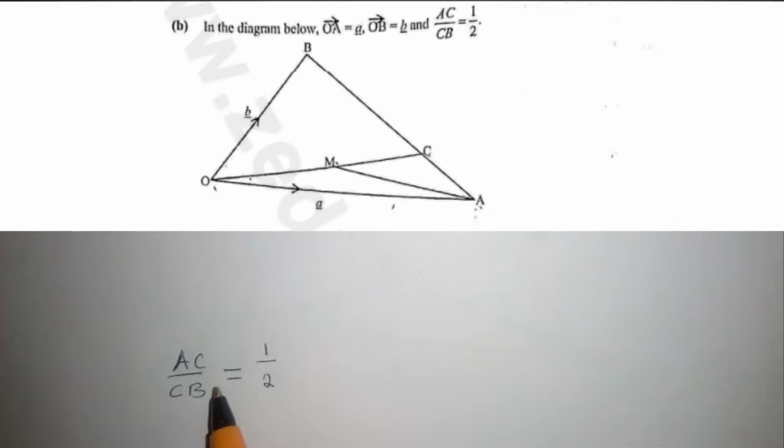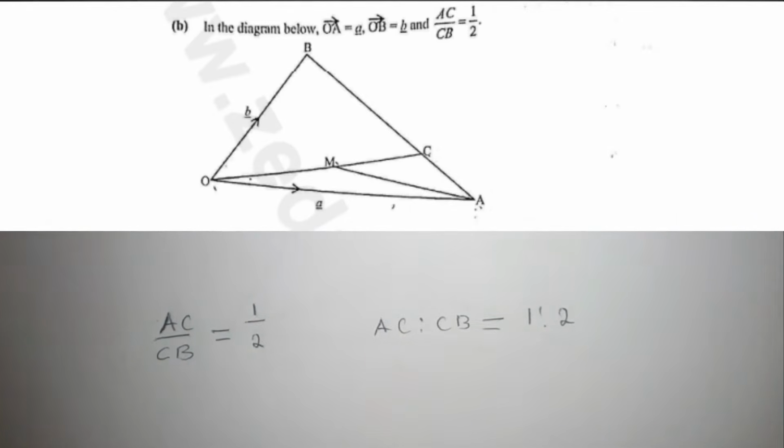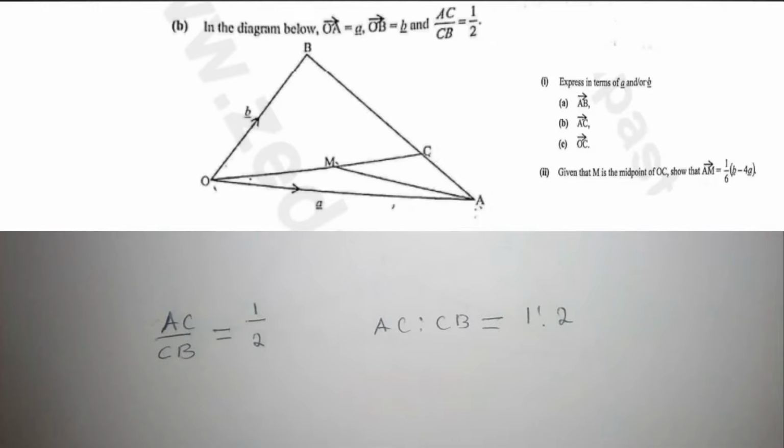So what you need to understand here is that this is the same as AC to CB is equal to 1 to 2. So this is what it means. It's just the same. Now they're saying express in terms of A and or B. They want us to express vector AB.